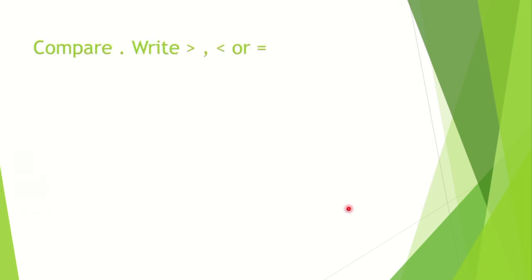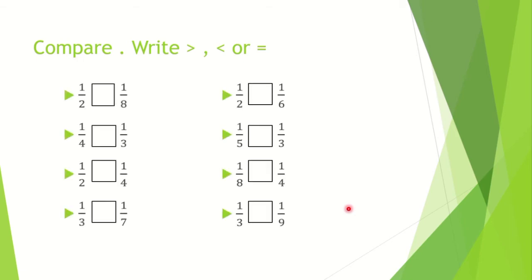Compare and write greater than, less than, or equal. First one here, who's the biggest? Half or eighth? Let's remember: smaller number in denominator, greater number in a fraction.